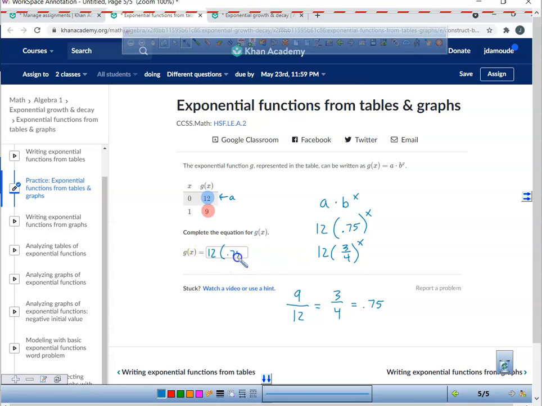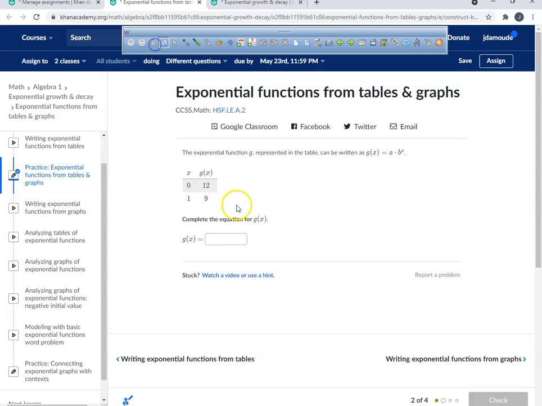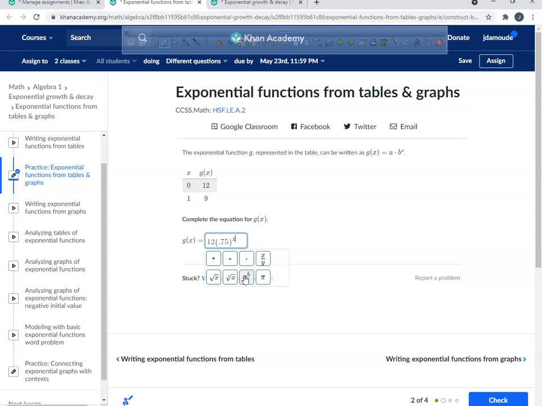I'm going to put 0.75 so you can see that it works, to the power of x. There we go. So you don't have to use a fraction. You can use a decimal, but the decimal has to be discrete and not continuous.